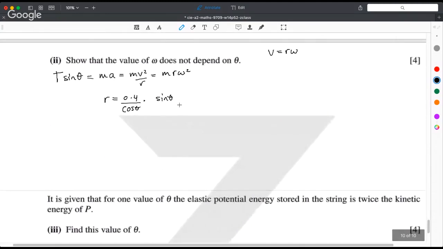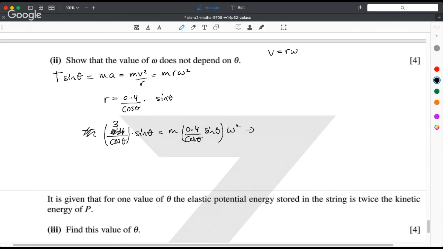So we now plug this in, and we plug in the value for T. So T, which is 3 over cosine theta times sine of theta, is equal to m times r, which is 0.4 over cosine of theta times sine of theta, times omega squared. Sorry, not 0.4 on the left, this is 3, because this was our tension.